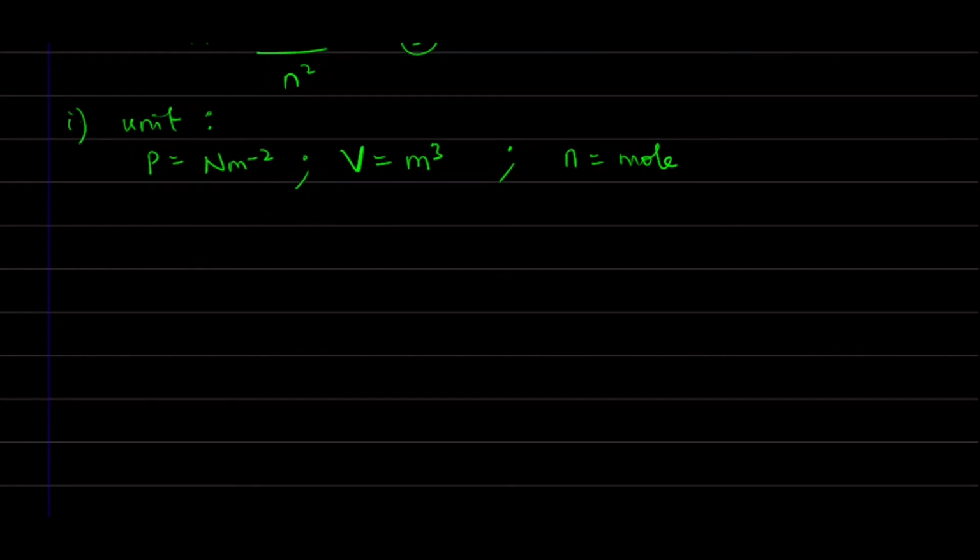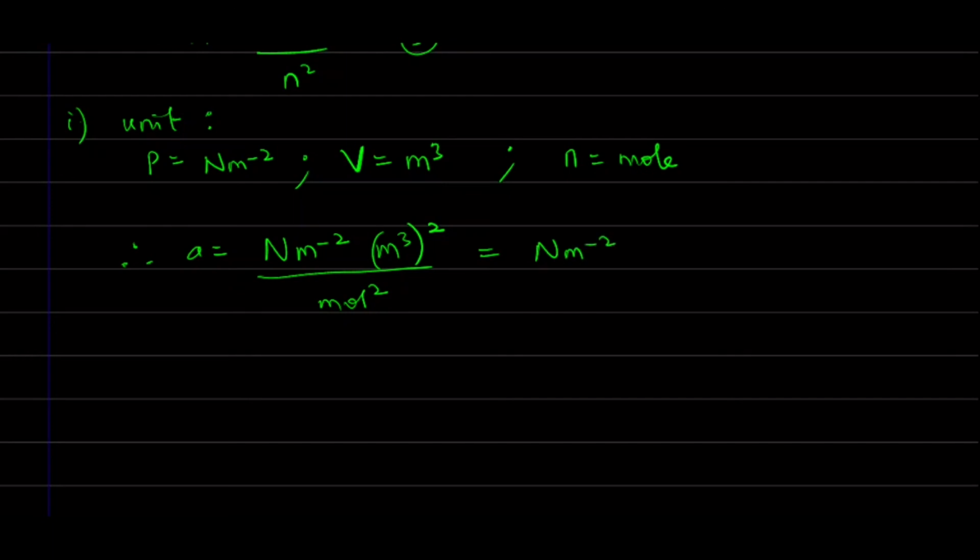So in this case, we can solve for A by saying pressure is Newton per meter square, while volume is meter cube, but we have square of it. In that case, we have over n, which is mole, but we have square of it as well. So that gives us Newton per meter square.